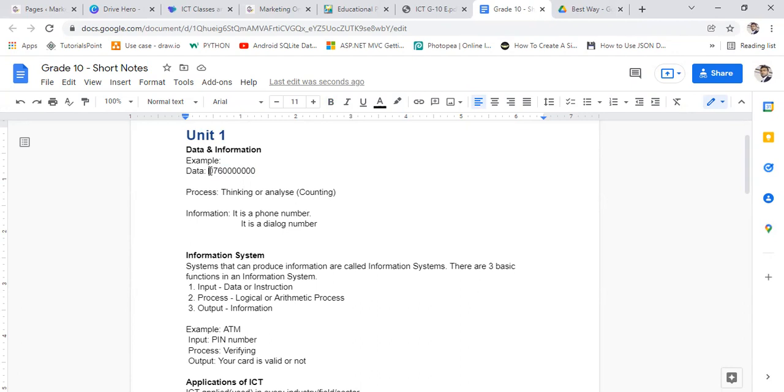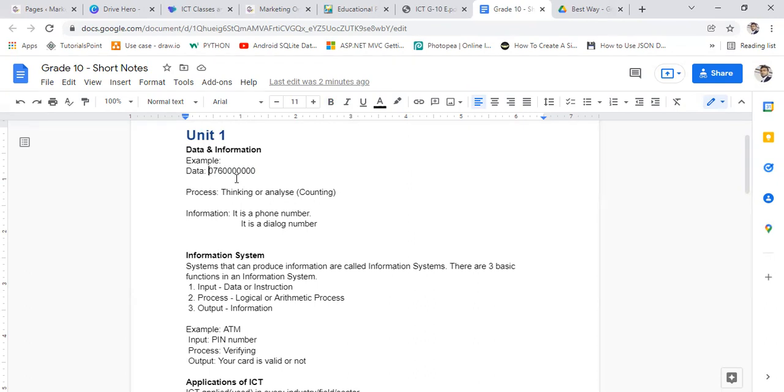Or someone saying 0760000, something like that, we are hearing it but you don't understand, because it has no meaning. But you can get meaningful information from that data when you process it.